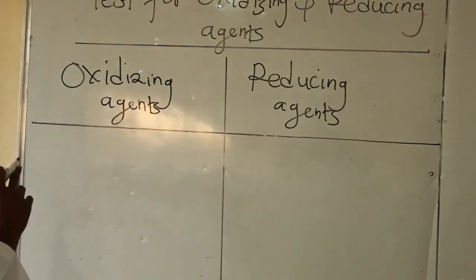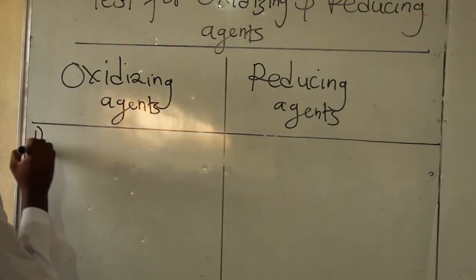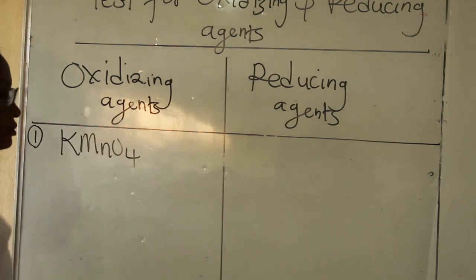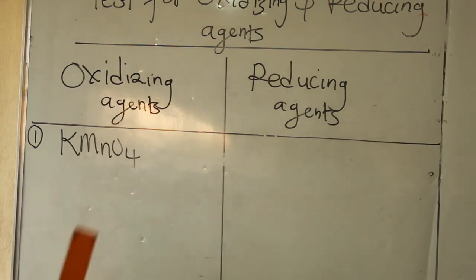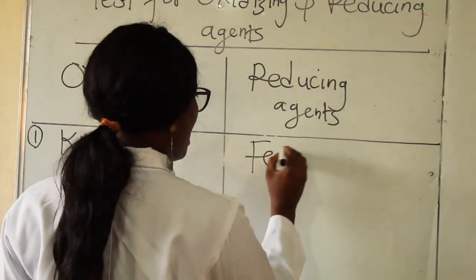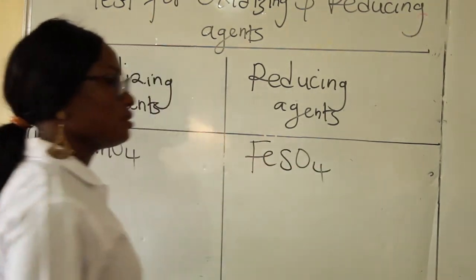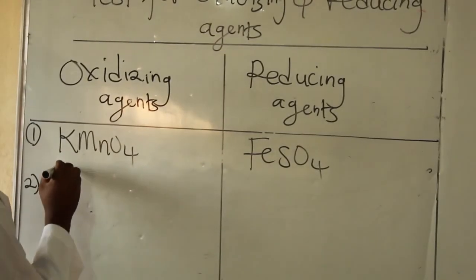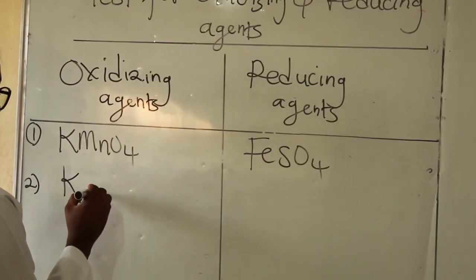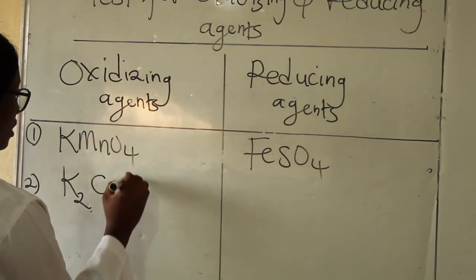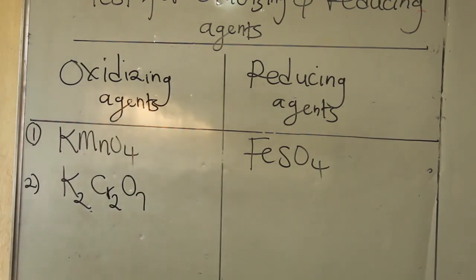Right. Now, number 1 here is potassium permanganate. Potassium permanganate, I'm sure you're familiar with this compound. Reducing agent here is iron 2 sulfate. It's a reducing agent. Now, number 2, potassium dichromate. Okay, we have K2Cr2O7 here.